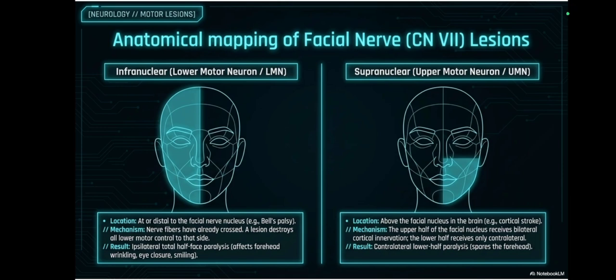Now coming on to neurology, or the motor nerve lesions. A lesion at or distal to the nucleus, a lower motor neuron lesion, for example Bell's palsy, causes complete paralysis of the entire ipsilateral, which is the same side of the face, affecting both the forehead and the lower face.